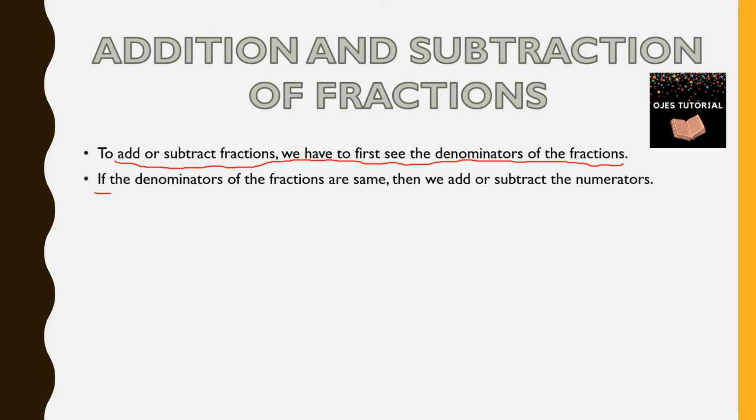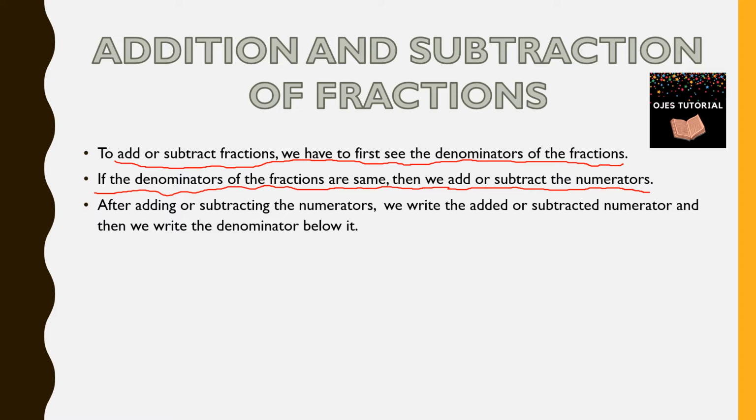Now if the denominators of the fractions are same, then we add or subtract the numerators. After adding or subtracting the numerators, we write the added or subtracted numerator and then we write the denominator below it.